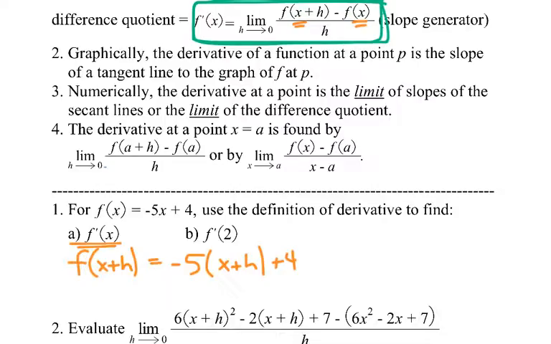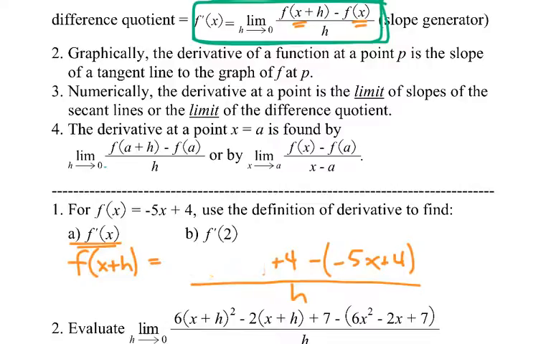And then we subtract f of x, so minus negative 5x plus 4, over h. If I tidy up what's on top, we get negative 5x minus 5h plus 4.